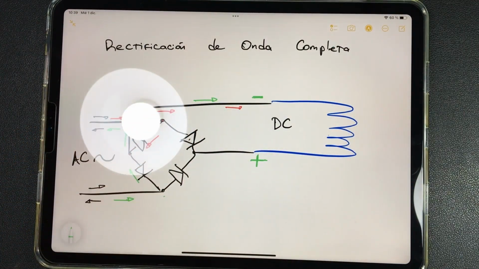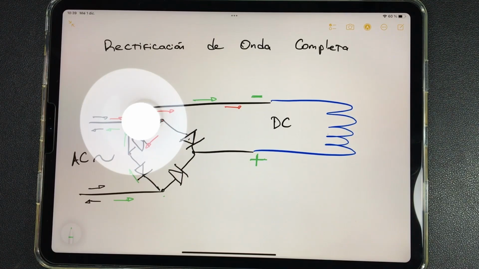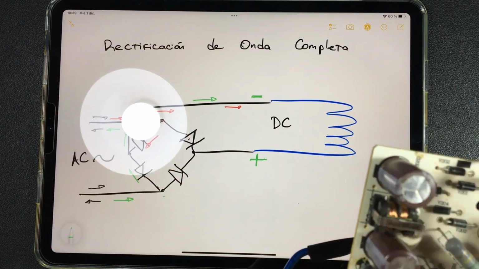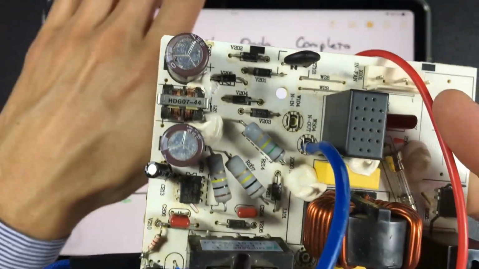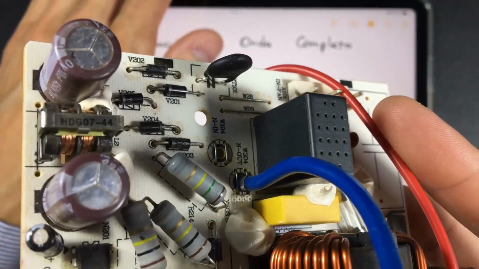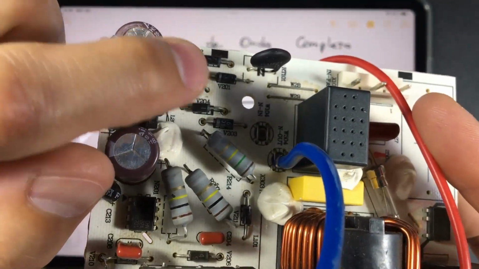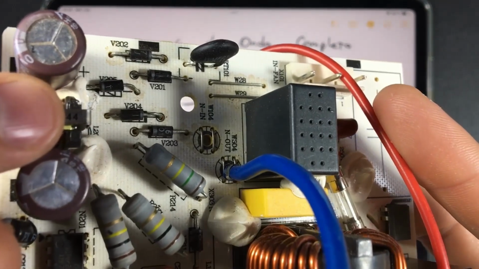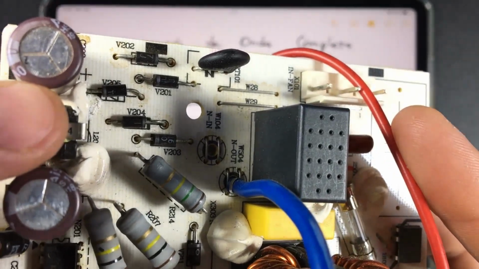We are going to see another different board. Here we have an inverter system board. Look here, it has the 4 diodes. There is a 5th that I will explain later what it is for. There we have the 4, that are 1, 2, 3, 4, which are placed in a different way.